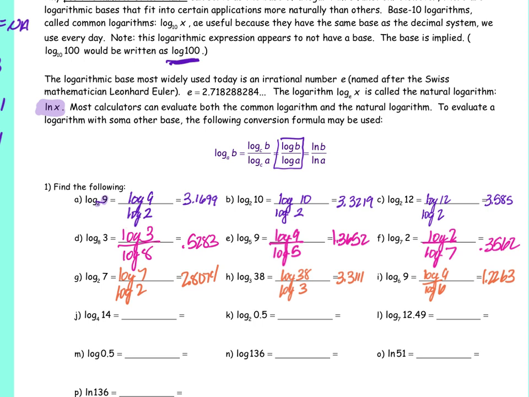So if I pull up the little keyboard over here, notice it doesn't have log on there, right? But if you go over to this function button and I go to miscellaneous, you see log here, that's log base 10. But right next to it, it says log base A. That means I can put in any base I want.